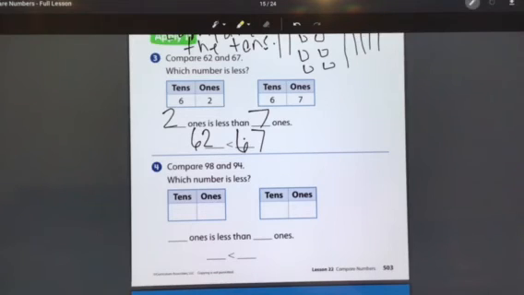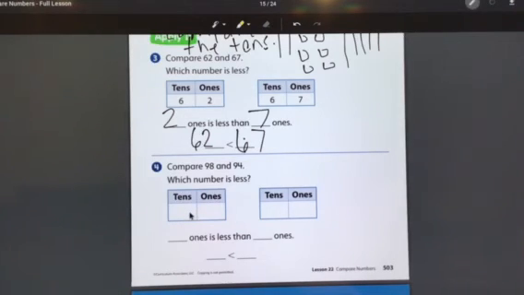Now, when you look down at number 4, you'll see that they're gradually taking the numbers away from you just as they took the 10 blocks and 1 blocks away from you. They're guiding you into being able to do this on your own. So number 4 says, compare 98 and 94. Which number is less? So you're going to take one of the numbers first. So here's 98.